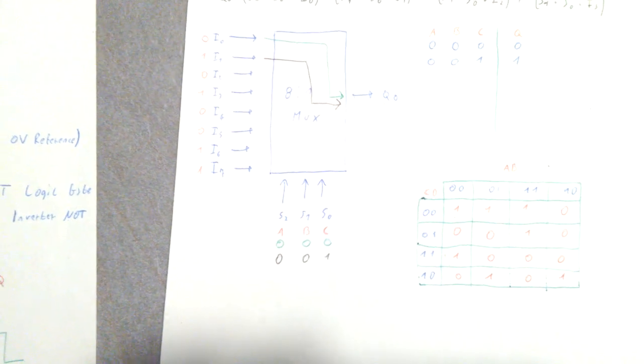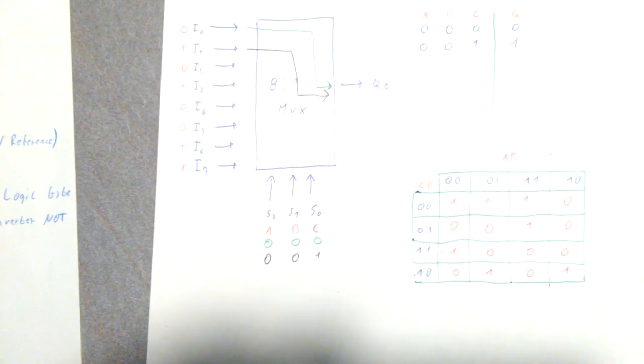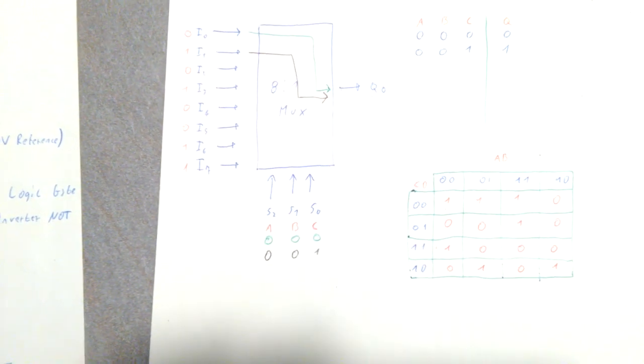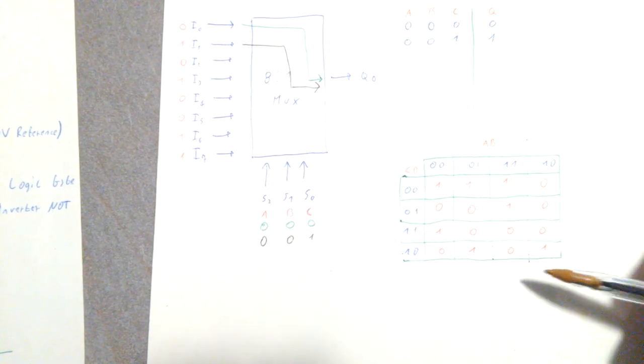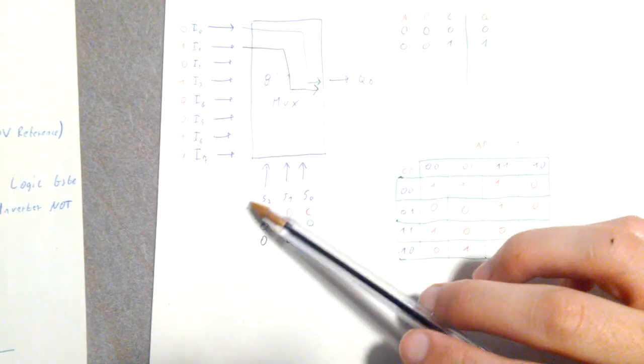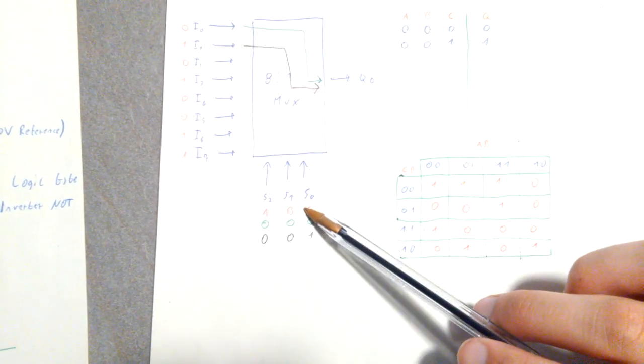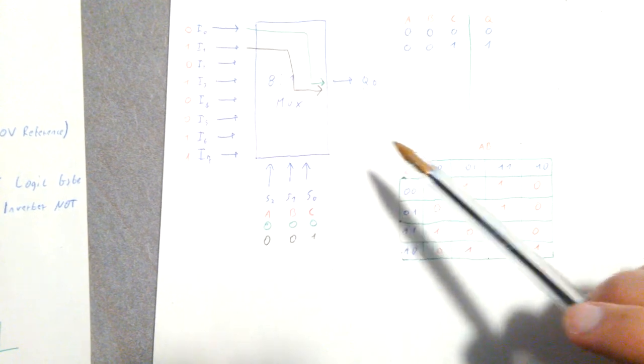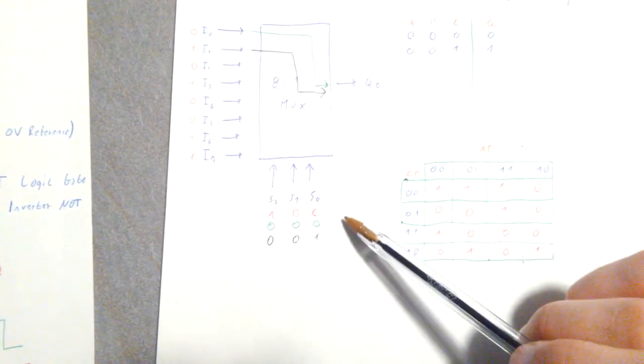Yeah, let's suppose that we are going to have something like this. So what I'm going to do basically is assign the variables to the inputs. So S2, S1, and S0 are going to be assigned to A, B, and C, just like I did before. But I don't have D.